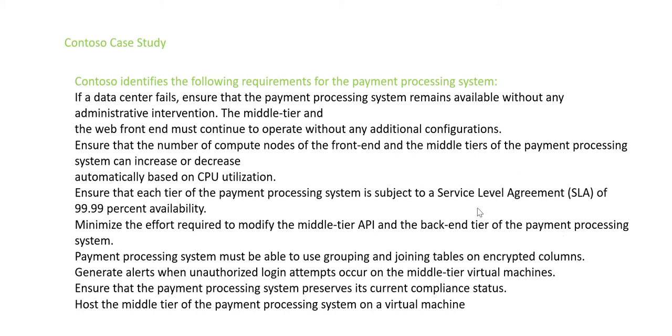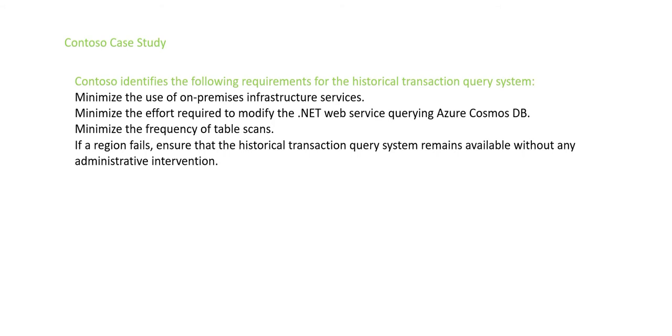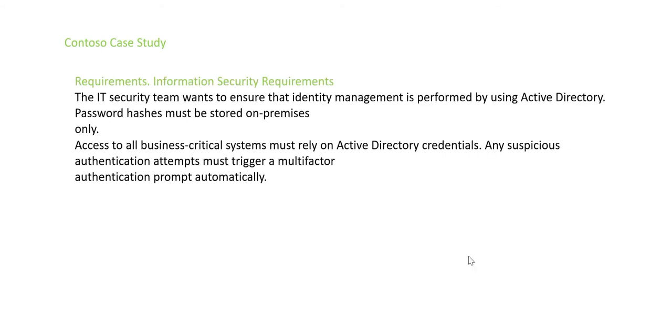This is a new system with new requirements, and this is the requirement for the historical transaction query system. This slide shows the information security requirements. And that's it on the case study. In the actual exam, you will get different tabs so that it is more readable and the entire case study is more structured. But I saw exactly the same case study, word by word.